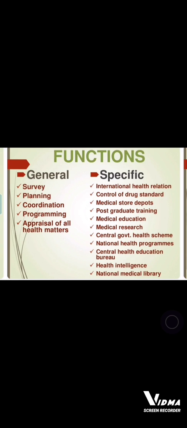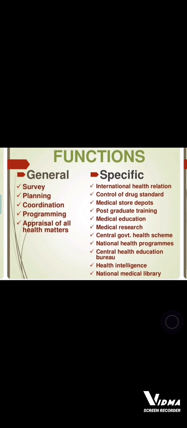Then they will plan according to the survey, then coordinate between district level and central level, then make a program according to the condition in the community. Then they will make an appraisal of all health matters. So the general functions are: first survey, second planning, third coordination, fourth programming, and fifth appraisal of all health matters.